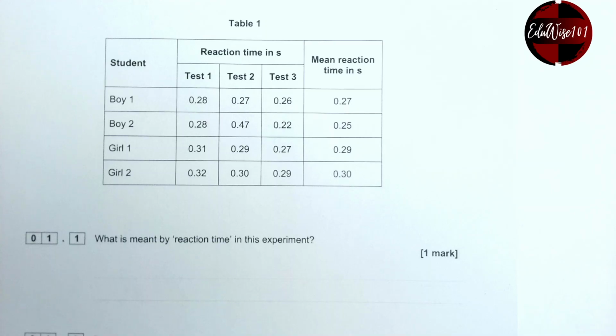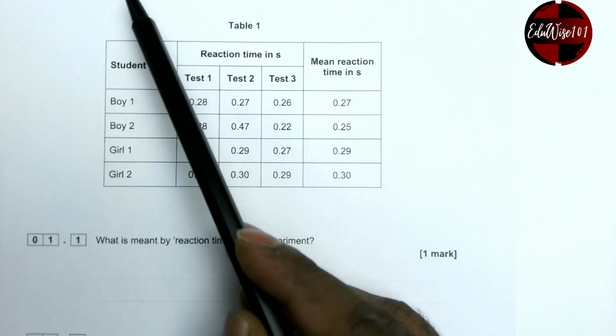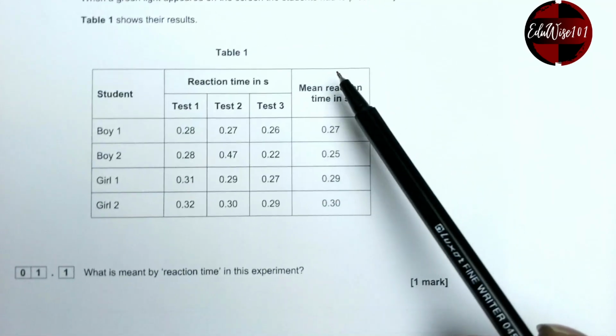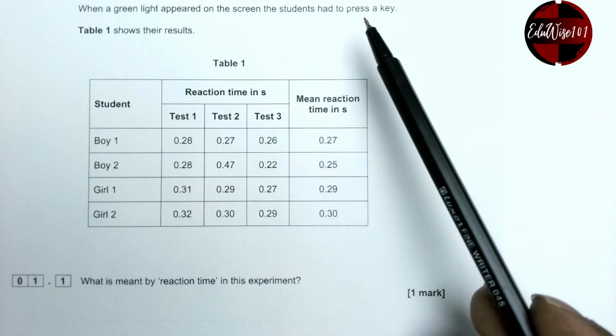Question 1.1. What is meant by reaction time in this experiment? So they are saying when a green light appeared on the screen, the student had to press a key.